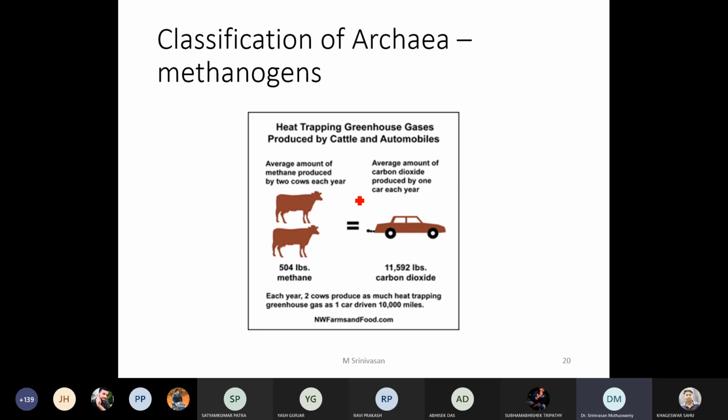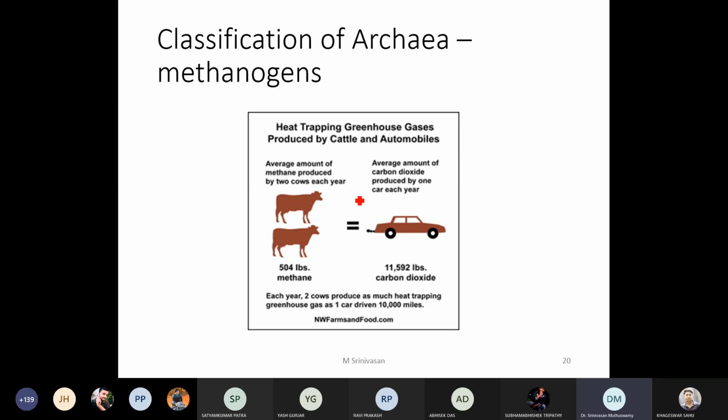Those carbon sources are utilized by the methanogenic bacteria, and they are able to produce methane. And the cow releases the methane gas. If you take a simple comparison, two cows can release about 504 pounds of methane, which is equivalent to the carbon dioxide produced by a single petrol or diesel driven vehicle.